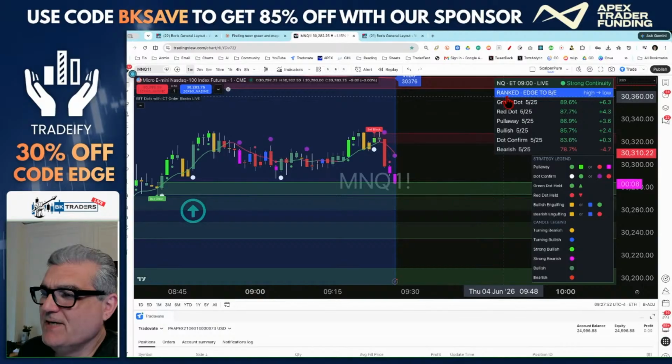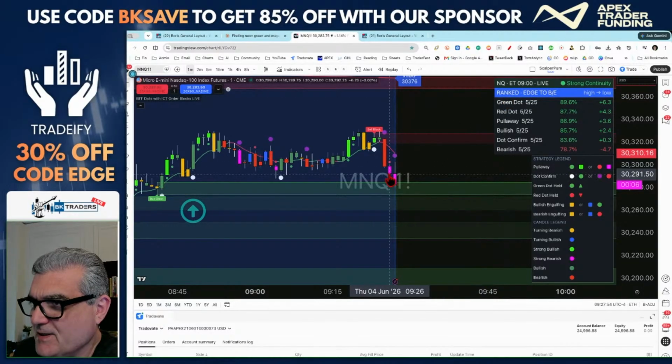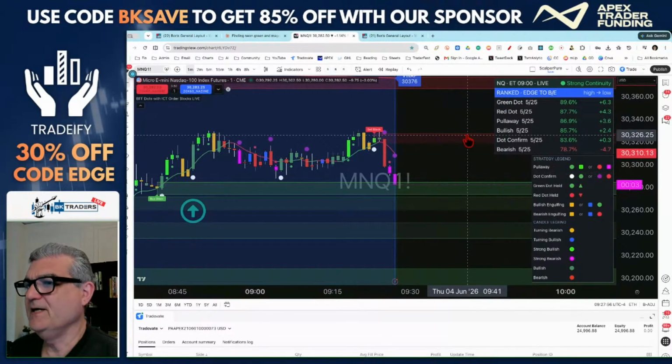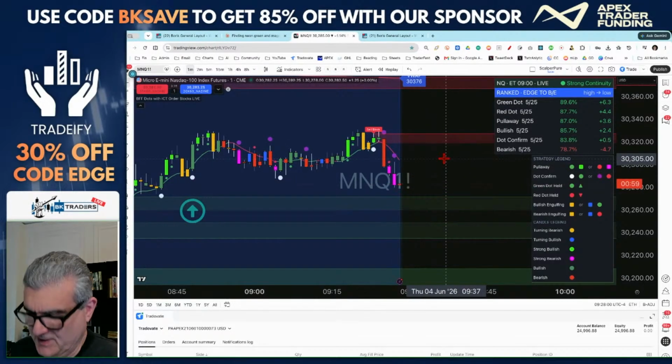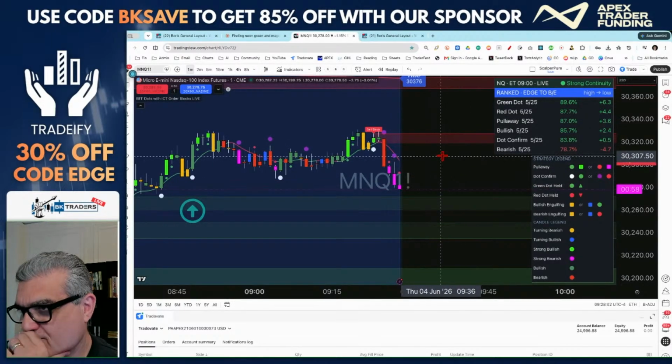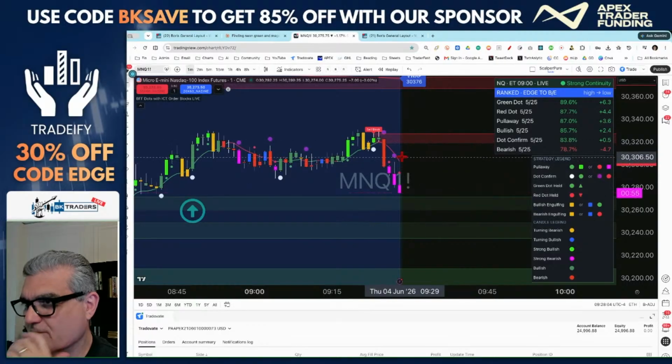If you traded the red dot over here, this trade over here would have been fine. You would have been totally in it. I just don't want to stand in front of the 2 minutes before the open for the rip and dip. But actually, all of these trades would have been fine.